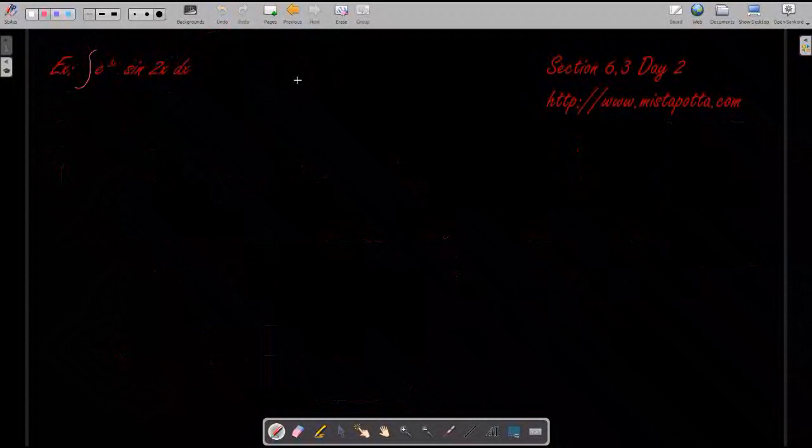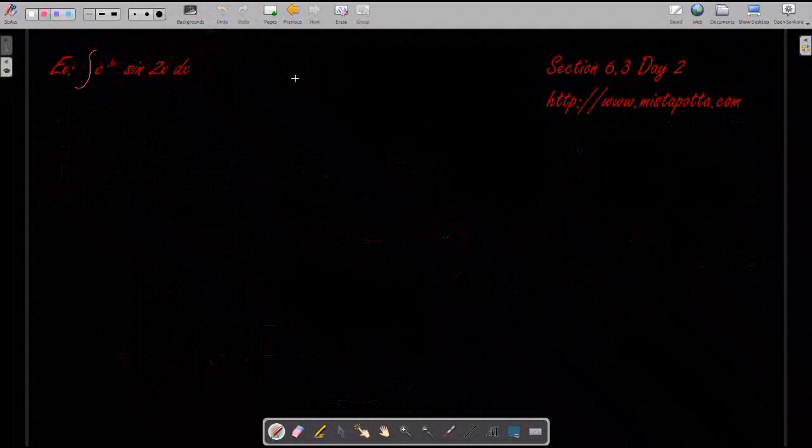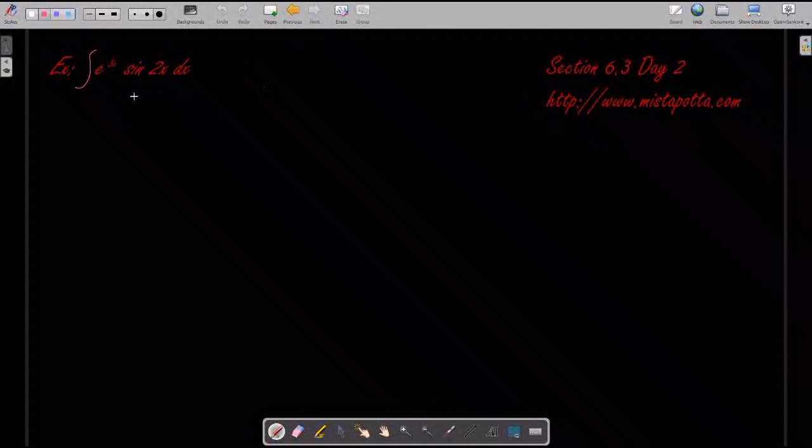But I wanted to do one more example, and this is an example that comes up quite a bit, dealing with these situations where I have exponentials and trigonometrics together. And I really do have to treat these a special way, and we're going to talk about how to do that right now.